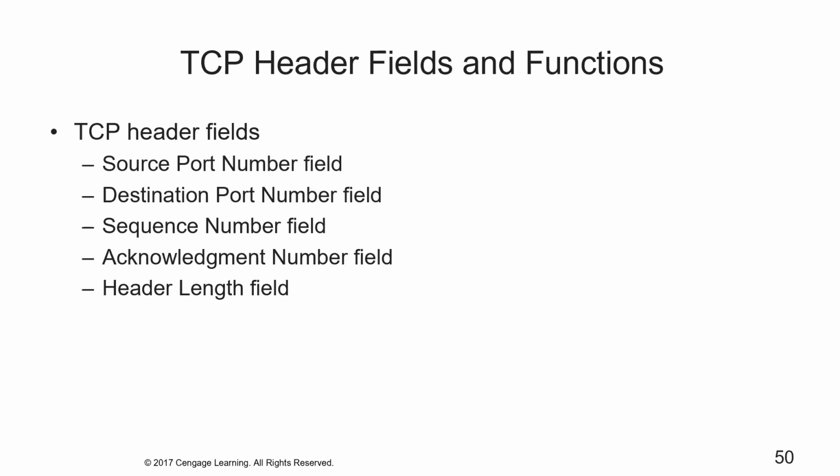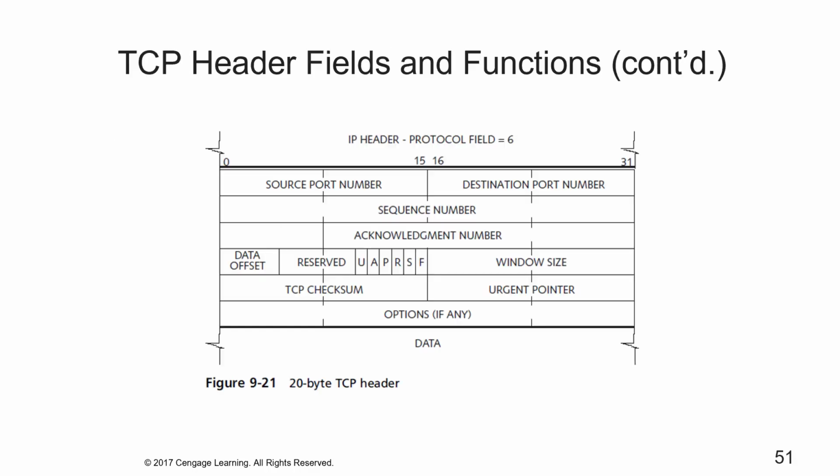Your TCP header fields: you have your source port number, destination port number, sequence number, acknowledgement number, and header length fields. As we talked about before with UDP, some of the packet fields are the same, but keep in mind both TCP and UDP packets are encapsulated in an IP header that specifies the IP routing information.